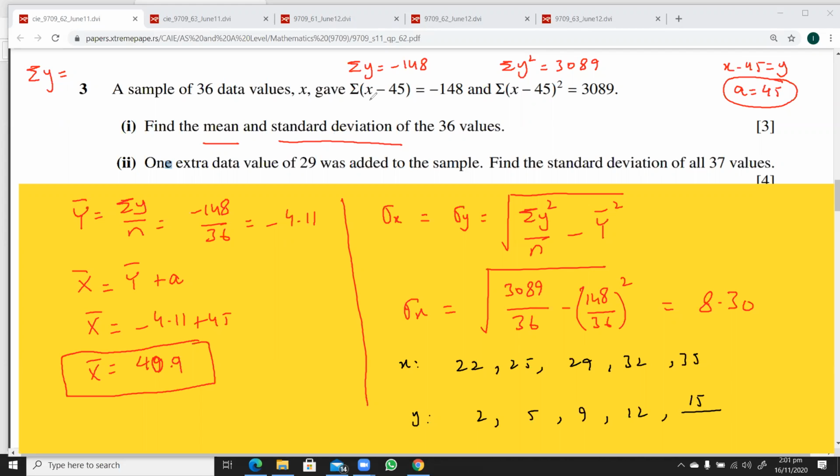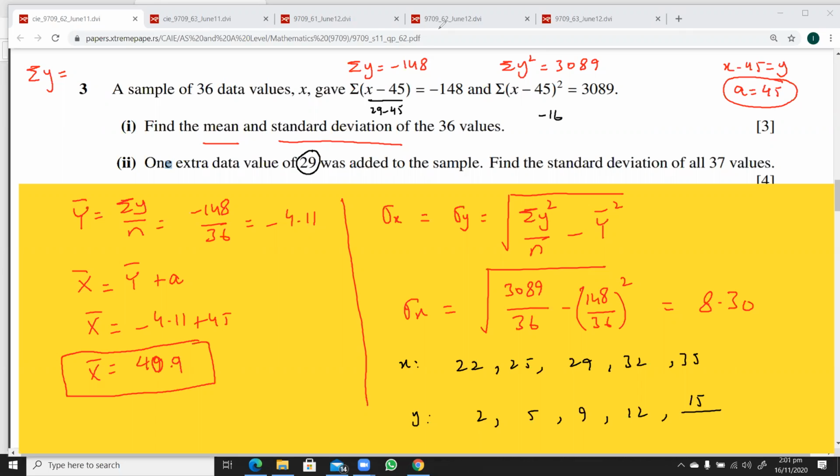So look at this. This is your x minus 45. When you have a new value 29, that is the value of x. Okay. So when you need to determine the new sigma y, it means if there is a new value in x which is 29, what is that new value in y? So that will be 29 minus 45. That means the sum was already minus 148. There is going to be another minus 16 added into it.